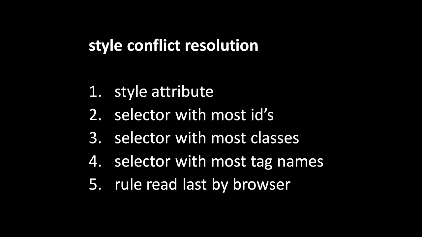But aside from the style attribute, when it comes to choosing between different rules, the order of precedence is simply that the selector with the most IDs takes precedence over the selector with the most classes, and then that takes precedence over the selector with the most tag names. And finally, if there's a tie, then the browser just uses whichever rule it read last.